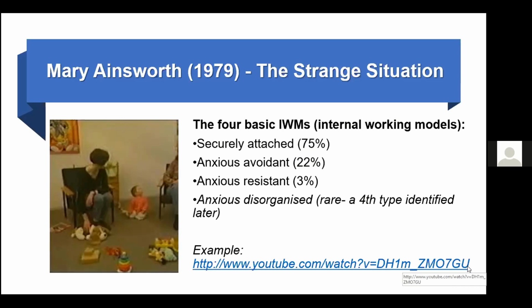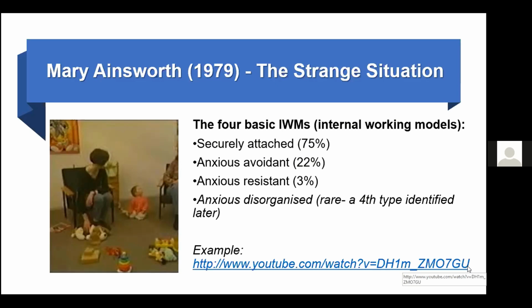And they were anxious avoidant, anxious resistant, and then at a later stage there was a further style identified known as anxious disorganized, which is considered to be the most rare form of attachment style. I think it's important at this stage to recognise that we don't necessarily need to label children with these different attachment styles.